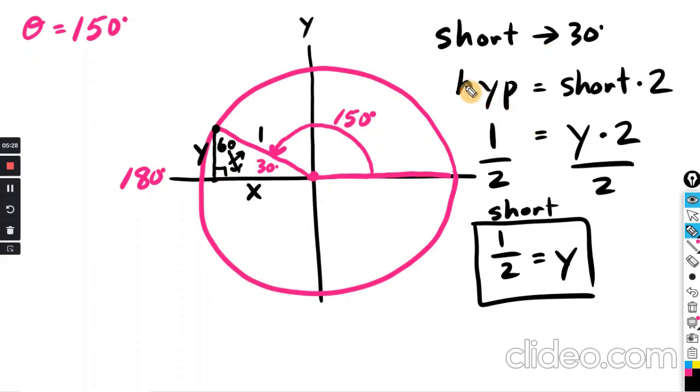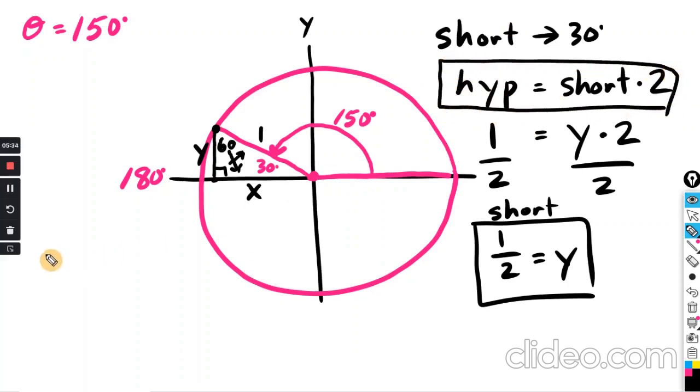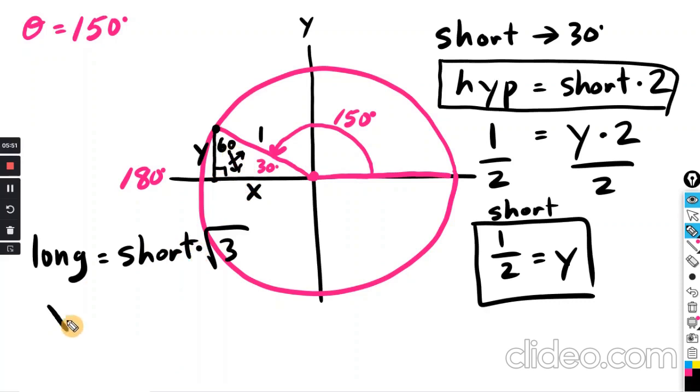The other formula, other than the one for the hypotenuse, is that the long leg equals the short leg times radical 3. We said the long leg across from 60, we called that x. We found the short leg a minute ago, that's 1/2, and that's times radical 3. This is just going to be radical 3 over 2.